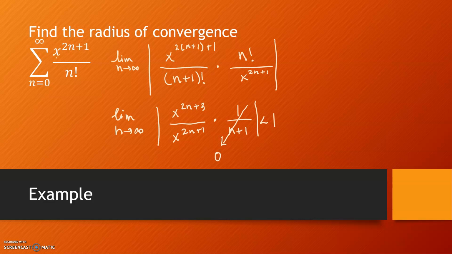So no matter what x is, this will be less than 1. So that means that this radius of convergence is going to be all x. So the radius is infinite. The interval of convergence is all real x, negative infinity to infinity, and the radius of convergence is infinite.